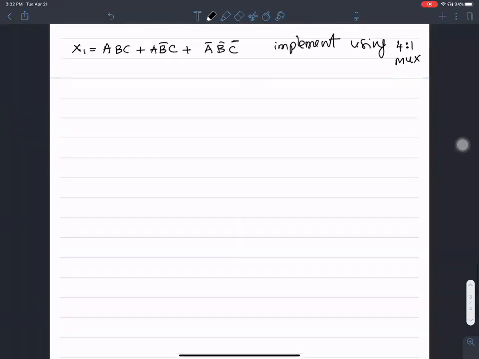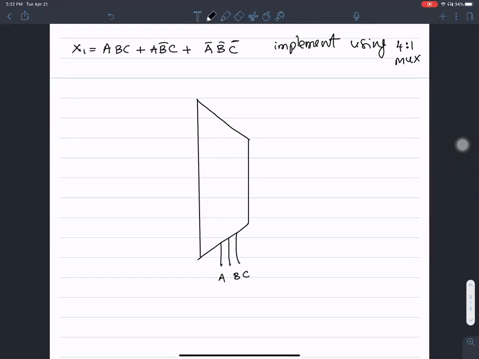If I ask you to implement this using an 8 to 1 mux, that's easy, right? If I gave you a multiplexer of 8 inputs, with 3 select lines, the select lines are A, B, C, and there are 8 input lines, one corresponding to each possible combination of the select lines, from 0, 0, 0 and so on.